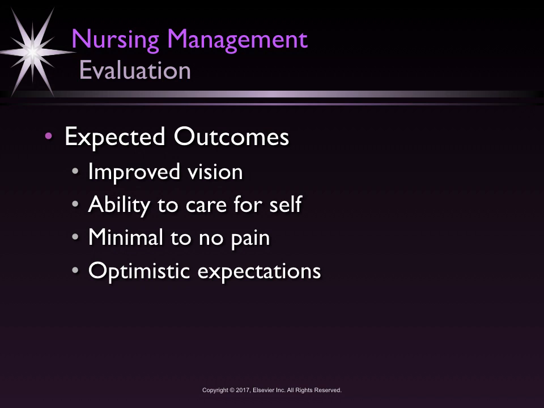One of the things we want to make sure we do, though, is have them know when to call their ophthalmologist. And that would be if they notice a loss of vision, the pain doesn't get better with over-the-counter pain relievers, the eye is very red, or they see flashes of lights or floaters.